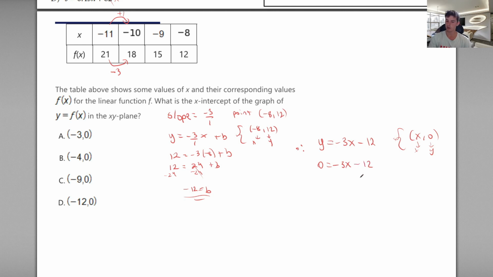We can add 12 on both sides. Negative 3x equals 12. And then we can divide both sides by negative 3. So x equals negative 4 when y is 0. So that's the point negative 4, comma 0.